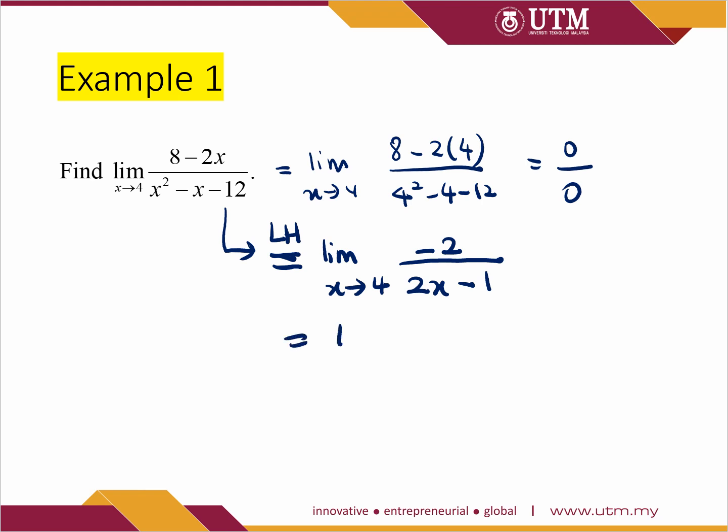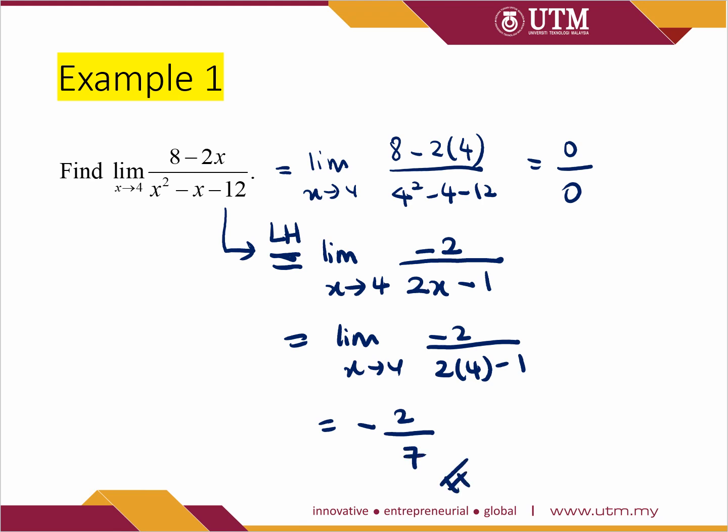Now we substitute into the equation. So we get 2 times 4 minus 1, and you will get negative 2 over 8 minus 1, which is 7. So this is our answer for this problem.